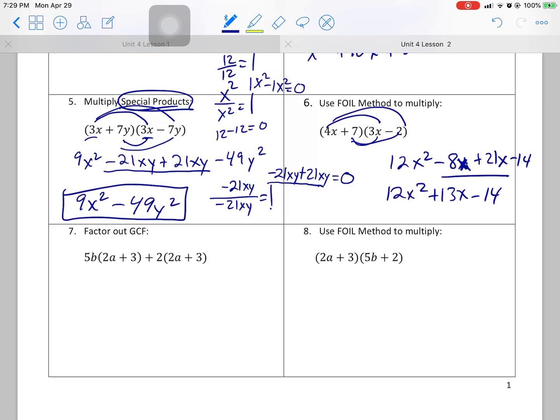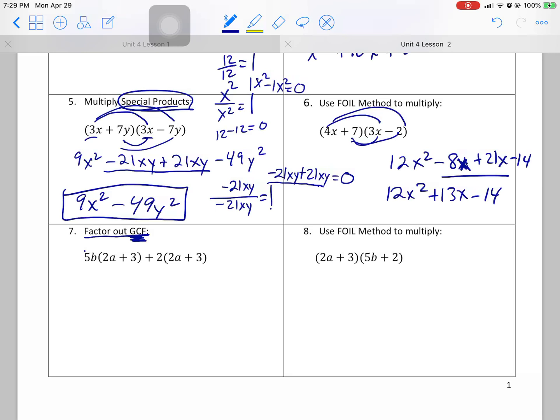All right, and then this last one, our initial reaction would be to distribute this, because that's what we spent a lot of our time doing. But remember, chapter 5 was putting things together and distributing. Chapter 6 is taking things apart. So we want to leave them apart. And I skipped the instructions, which says factor out a greatest common factor.